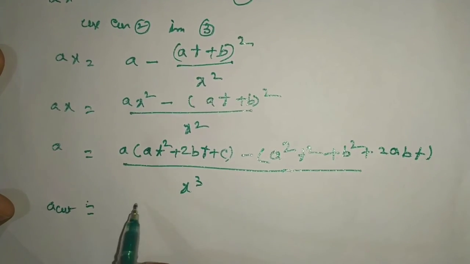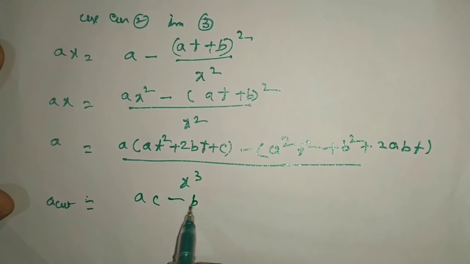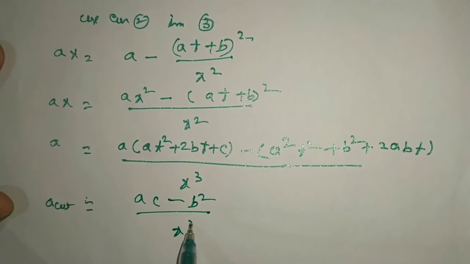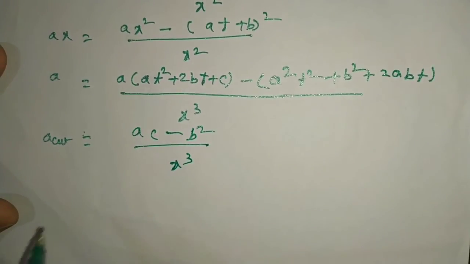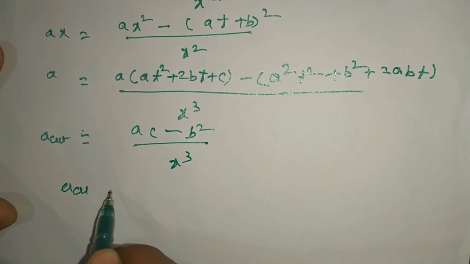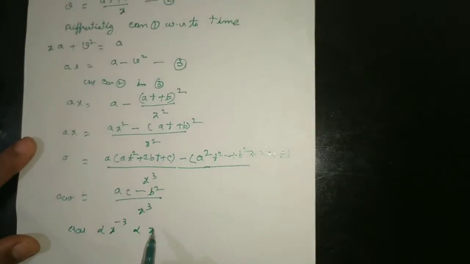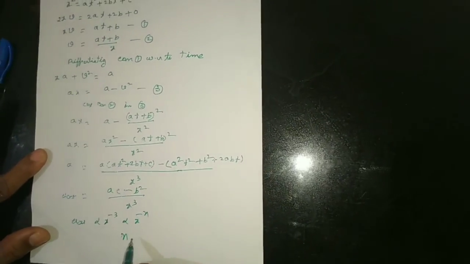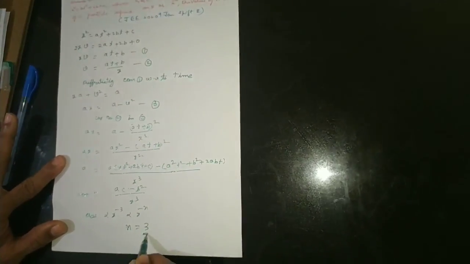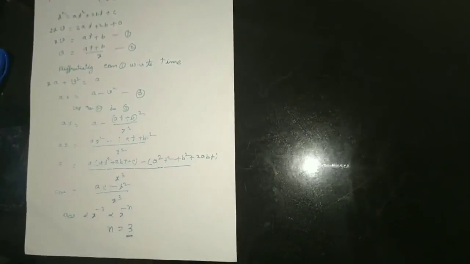The remaining term is a c minus b square divided by x cube. So acceleration is proportional to x power minus 3. In the problem it is given as x power minus n, so the value of n is equal to 3. It is an integer question. We find n is equal to 3.